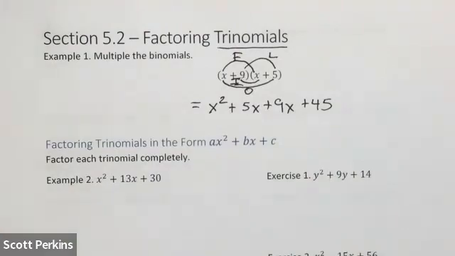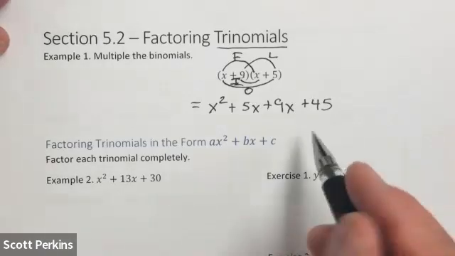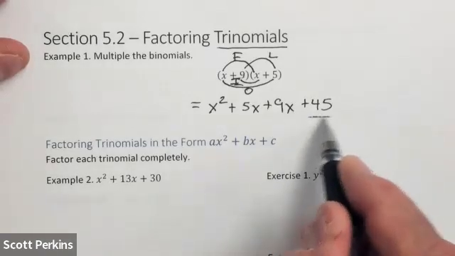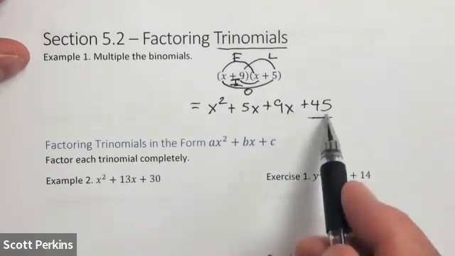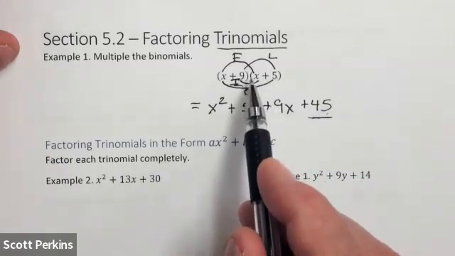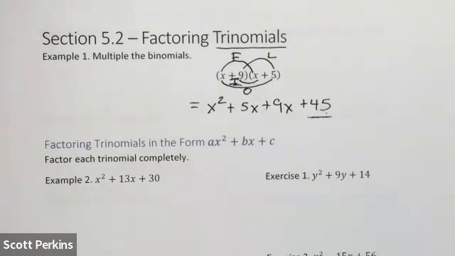And here's why I bring this up. Is because as we're going through factoring, which is doing the reverse process, I wanna see where we get these things. So this last number right here, this 45, that came from multiplying my two lasts. So remind me of a couple bits of trivia that are gonna help us today.